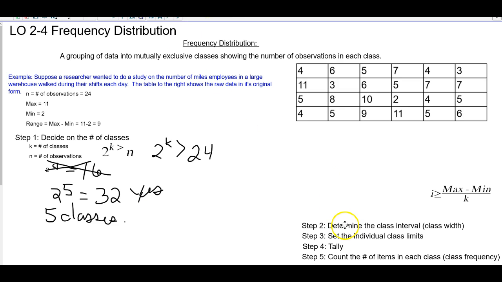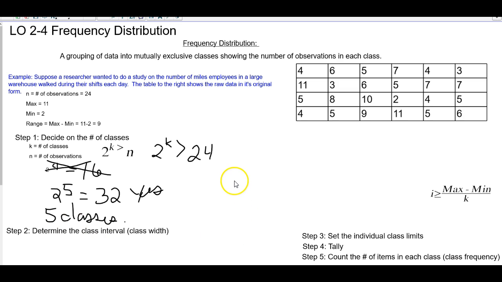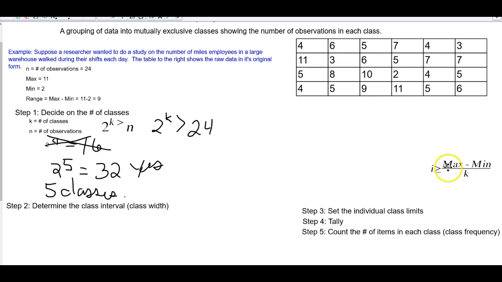Our next step, step 2, is to determine the class interval or class width. And we can do that by using this equation. So we want the class interval to be greater than or equal to the maximum minus the minimum.